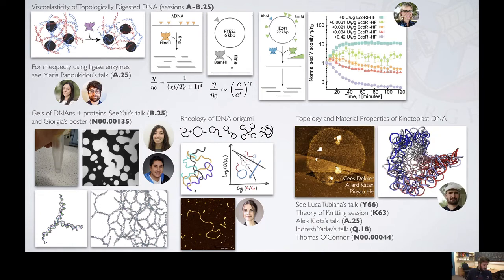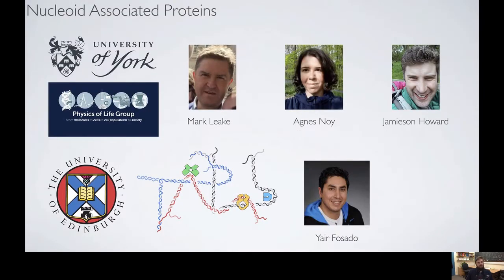And finally, we're also interested in the topology and the material properties of kinetoplast DNA. So this is quite a popular topic also, especially this year at the APS. You can also look at Biana's talk in Y66, or the theory of knitting section, or Alex Klotz's talks as well. So let's go back to the nucleoid-associated proteins project.